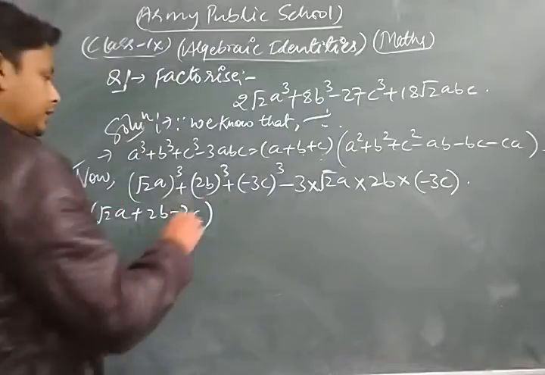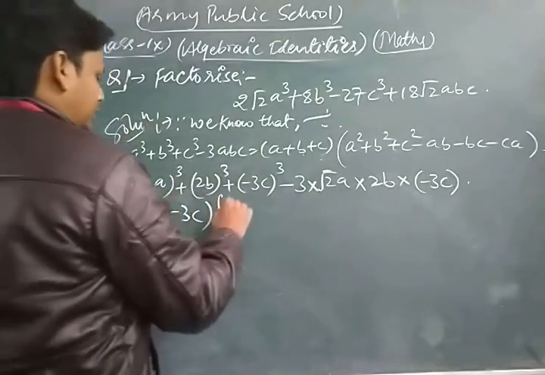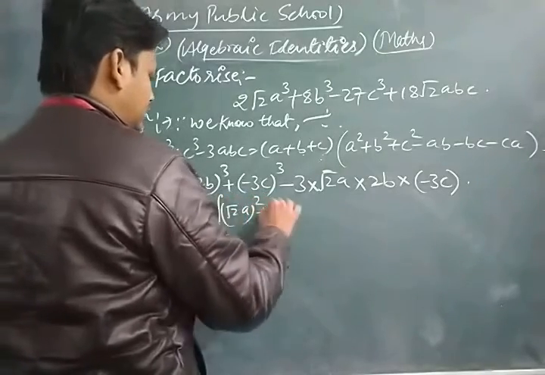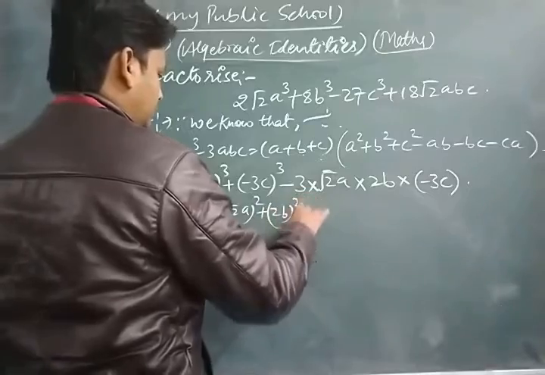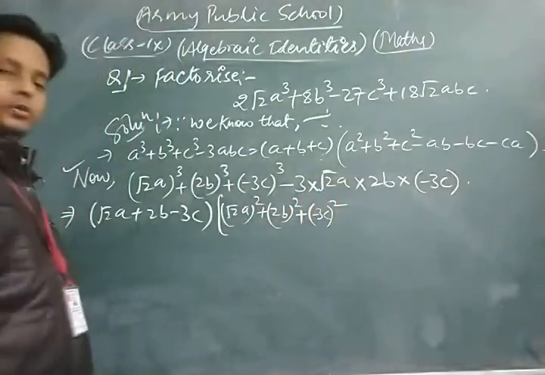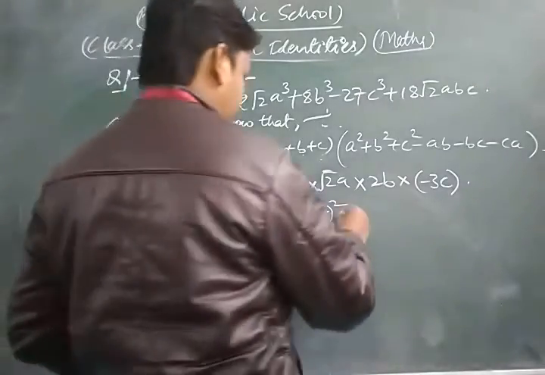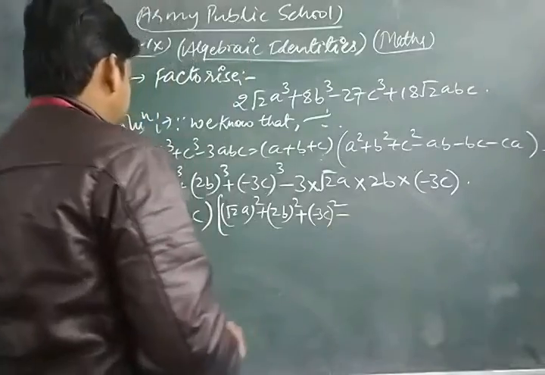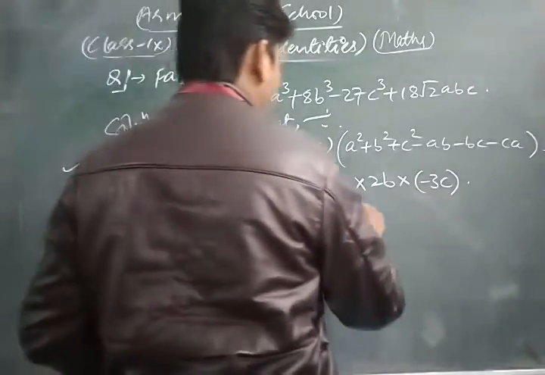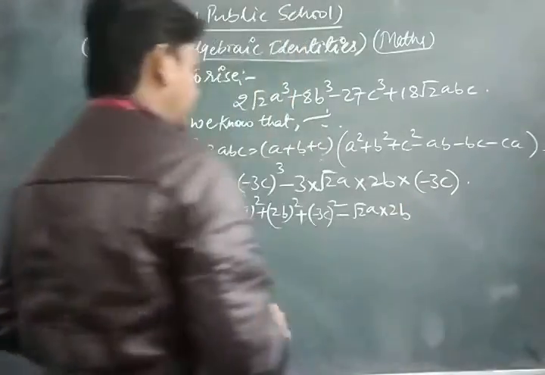Okay, now in the next bracket, a square plus b square plus c square. Now minus ab, this into this, a into b, that is under root 2 a into 2b.